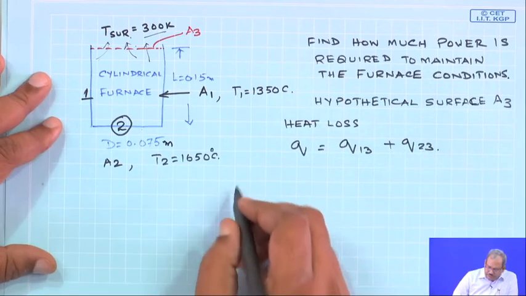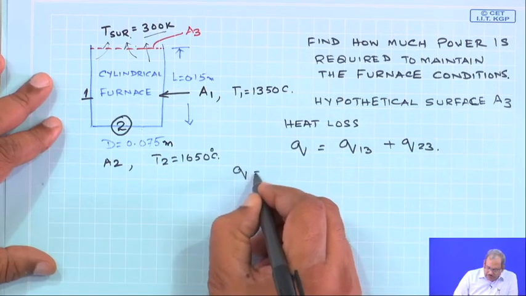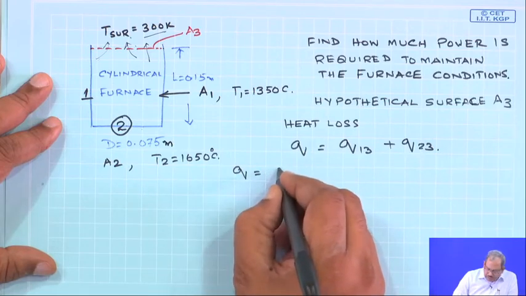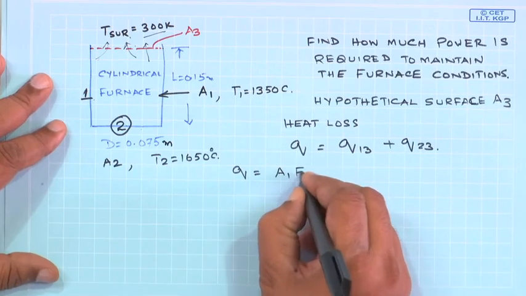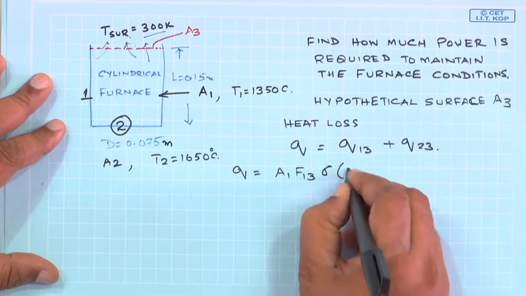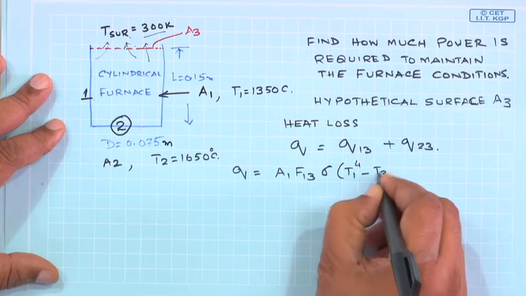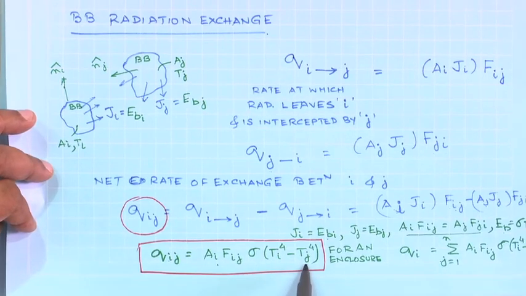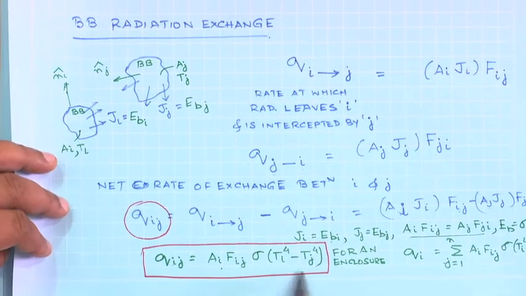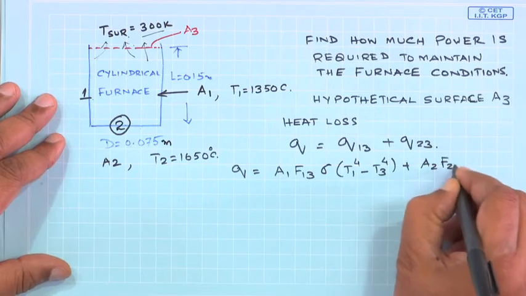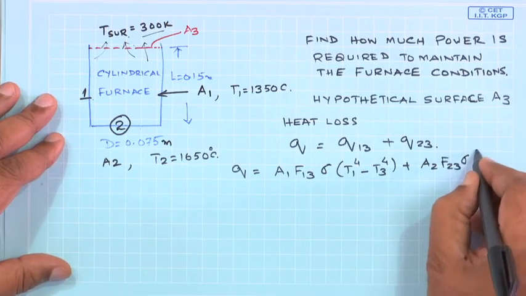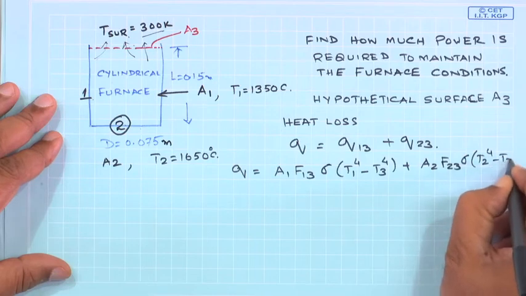So, this is the heat loss, and Q13 would be A1 F13 sigma T1 to the power 4 minus T3 to the power 4, because of the relation which you have obtained just recently, plus Q23 would be A2 F23 sigma T2 to the power 4 minus T3 to the power 4.